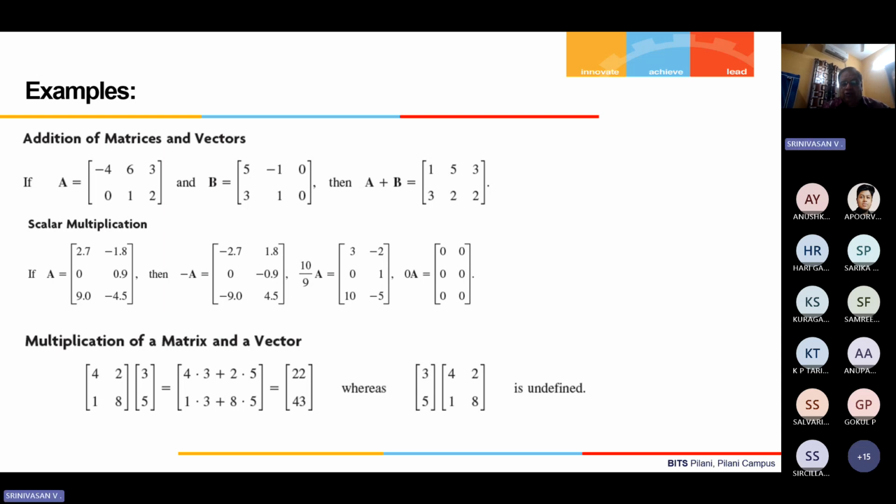A is of order 2 by 2. Is the product defined? No, because the number of columns of the first matrix is not the same as number of rows of the second matrix. Therefore, the product is undefined.